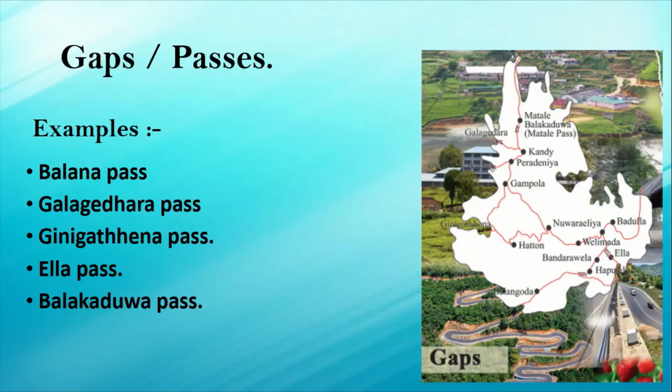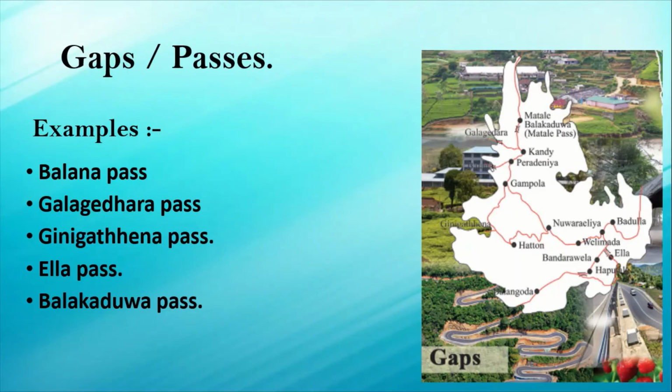Now, let's learn about the gaps or passes. A pass is a gap or a break in a highland, like a mountain range. In a group of mountains, a pass is a path for crossing mountains. Mountain passes may be formed by erosion from water or wind.